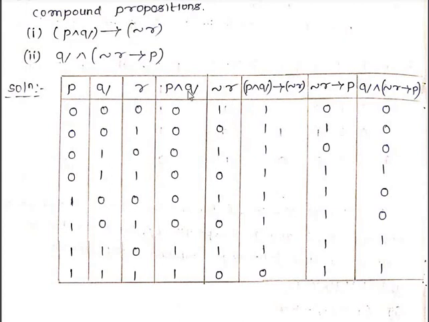In all other cases it is 1. 1, 0 gives 0. 0, 0 gives you 1. 1, 0 gives 0. 0, 0 gives 1. 1, 1 gives 1. 0, 1 gives 1. 1, 1 gives 1. 0, 1 gives 1. So this you have to get to know. See the proper column and do the problem.